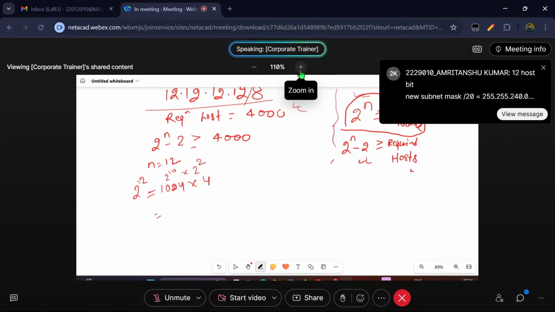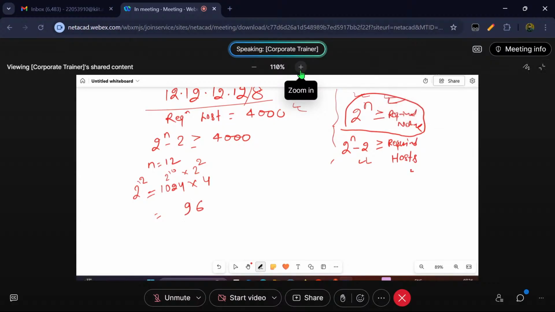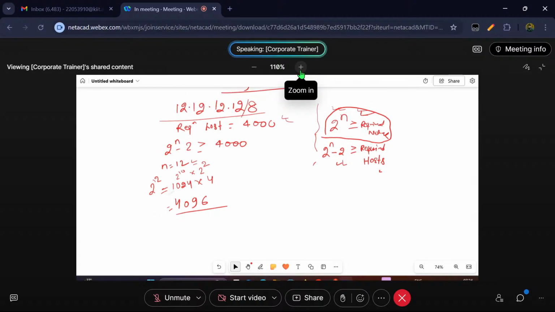So it will become 4096. Okay, so that is the accepted value. So if you got n value 12, just make it 12 bits.